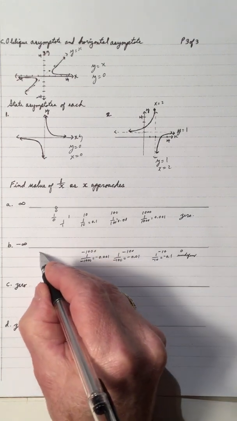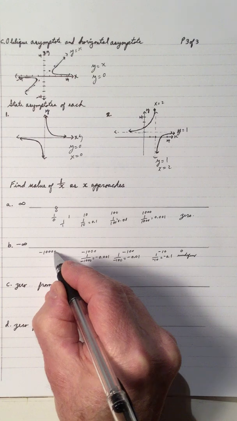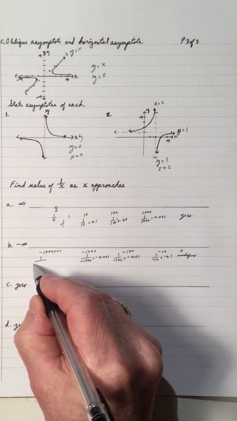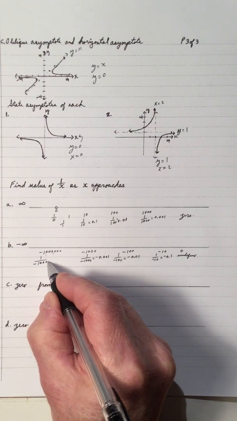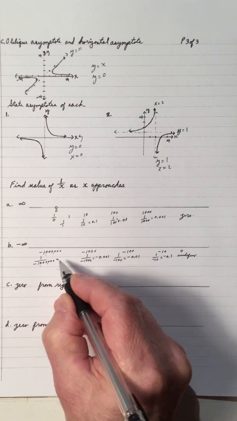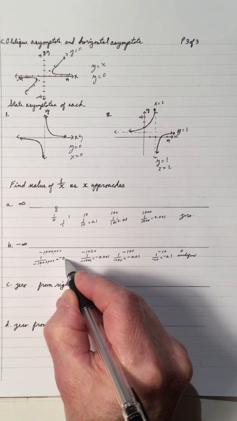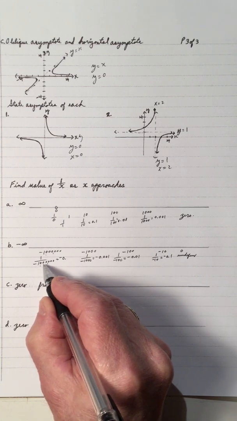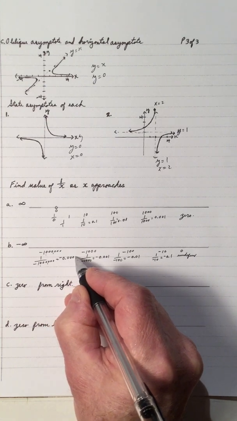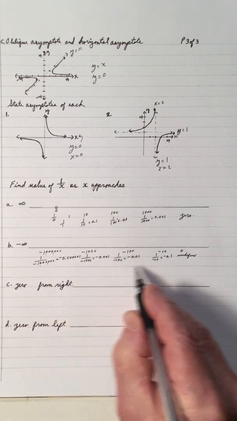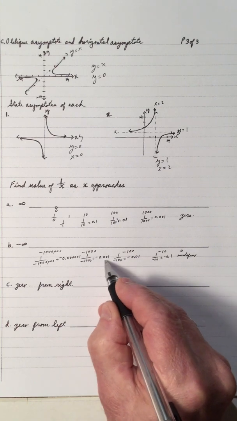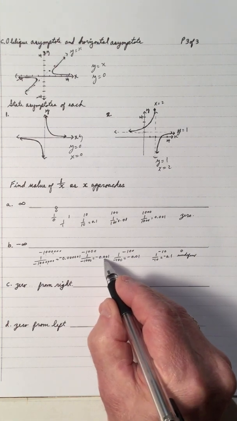And if we put a million here, approaching negative a million, I should say, that gives you negative 0.000001, with 6 zeros. Notice that with 10 we got 1 decimal place, with 100 we got 2 decimal places, with 1,000 we got 3 decimal places.